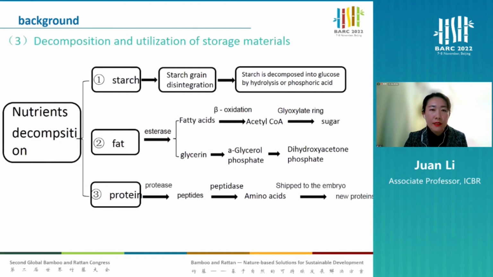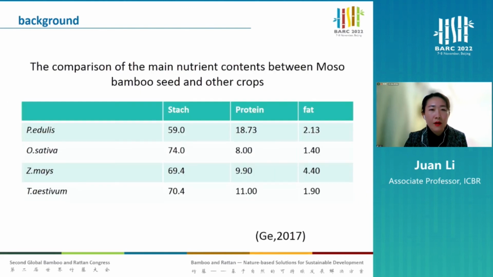Seed nutrients include starch, fat, and protein, and the decomposition and utilization of this storage material is very important. Compared with other crops, we found the Mosul bamboo seed has lower starch and higher protein.